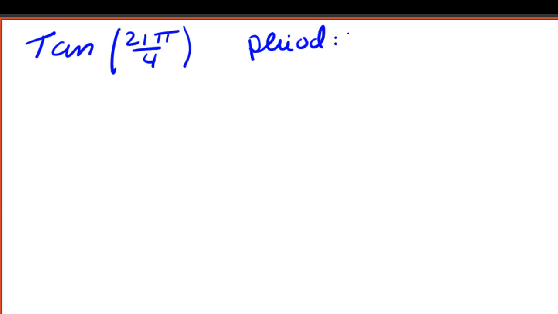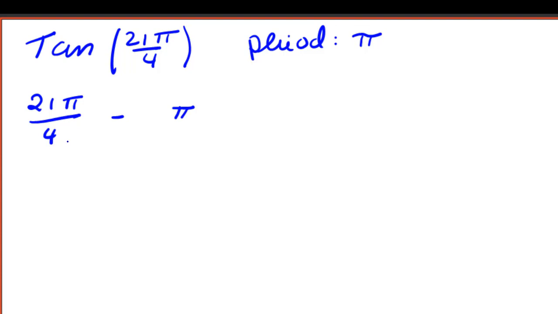And the period for tangent is pi. The next thing I'm going to do is write this angle that's in radians. Since I know the period is pi, I'm going to use that as my subtraction. So what I'll write is pi here, but I'll also write it using the denominator of 4.